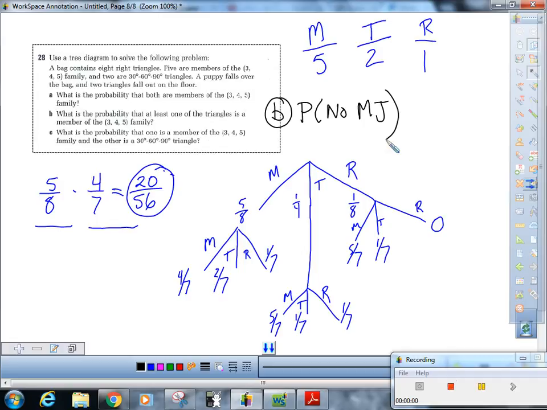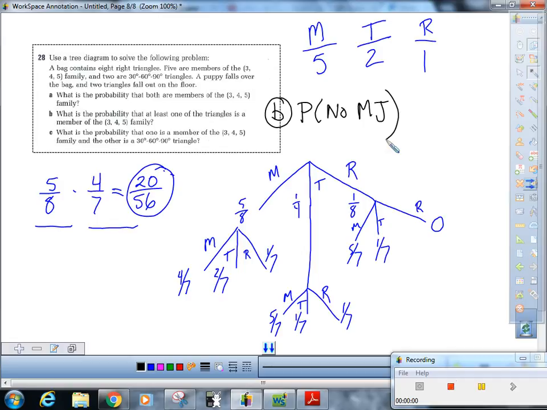You have to hear me out on this. Do you understand that those two things are mutually exclusive? So you either select at least one 3, 4, 5 triangle, or you select no 3, 4, 5 triangles. Do you get that?